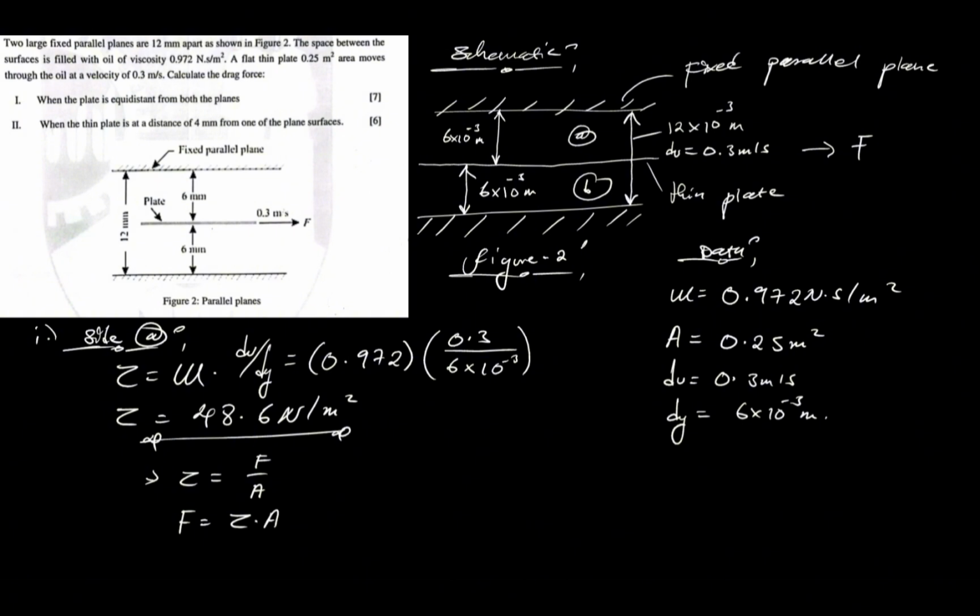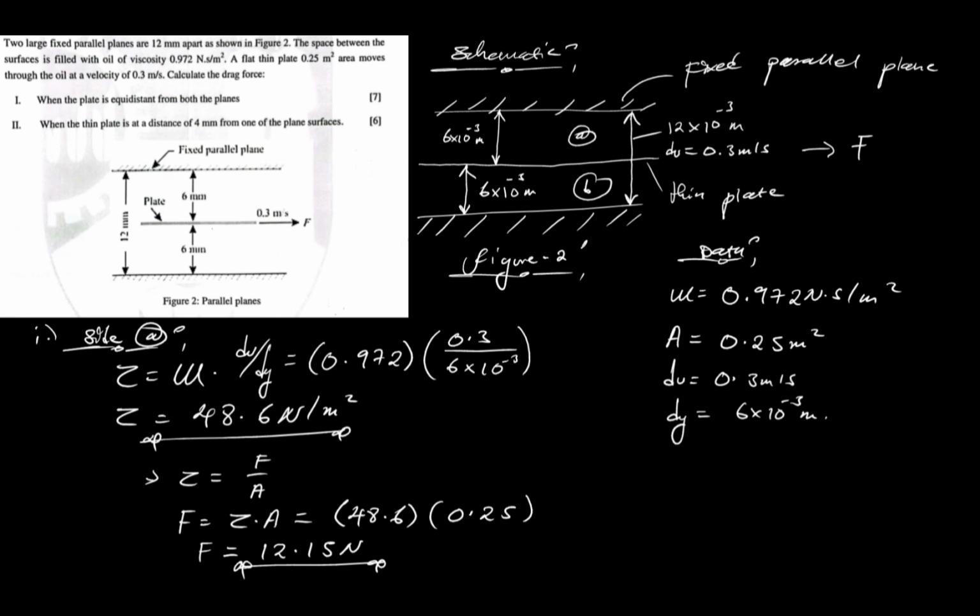If we plug in the shear stress, which is 48.6, and multiply by the area, which we found there as 0.25, our value of the force will be 12.15 newtons. And this is on one side, correct to 2 decimal places.